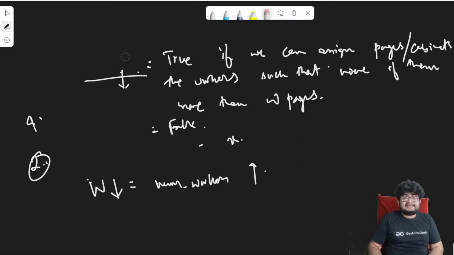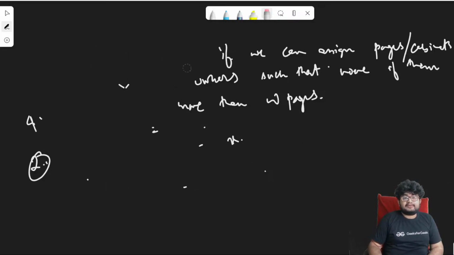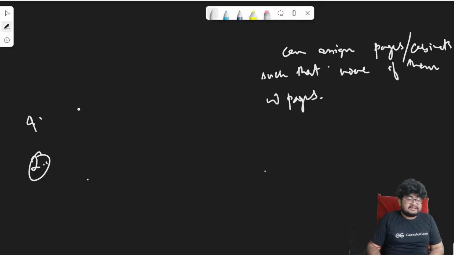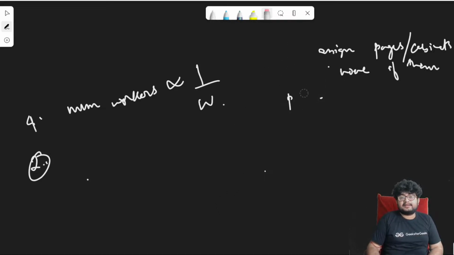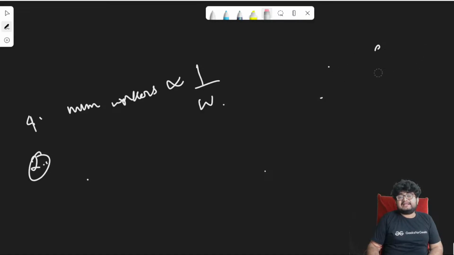So what does this mean? The number of workers is inversely proportional to the workload, that is, the number of pages each worker sees. So now, when is P of W true?